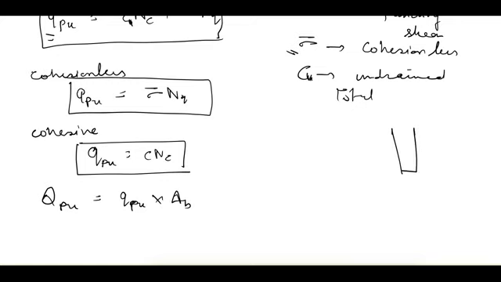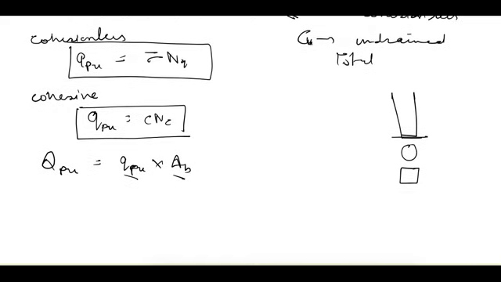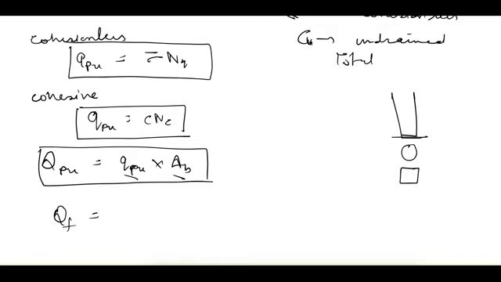So this is the area if it is circular or square shape. So the cross sectional area of this foundation, we multiply it with the stress and we get the ultimate point load.